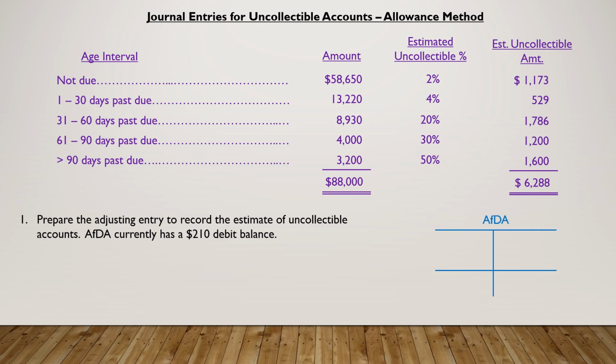Its beginning balance is a $210 debit, and we want it to have a $6,288 credit. To yield that result, we'll debit bad debt expense and credit AFDA for $6,498.